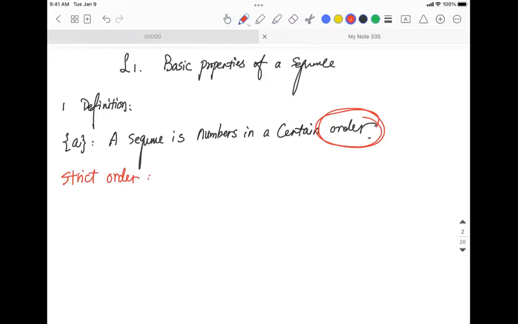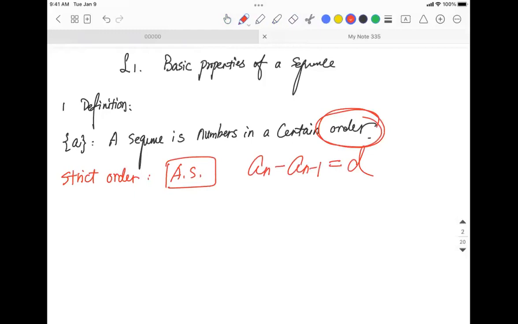For instance, our famous arithmetic sequence, right? So what is an arithmetic sequence? An arithmetic sequence says any term an minus an-1 must be equal to d, right? The distance between any adjacent terms must be a constant value, which is d.